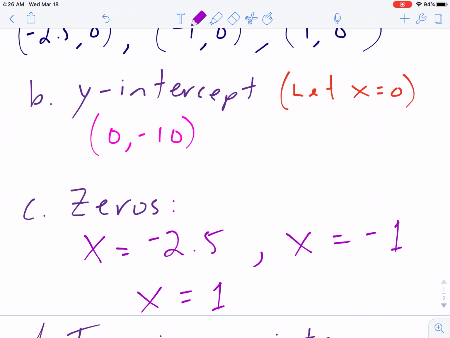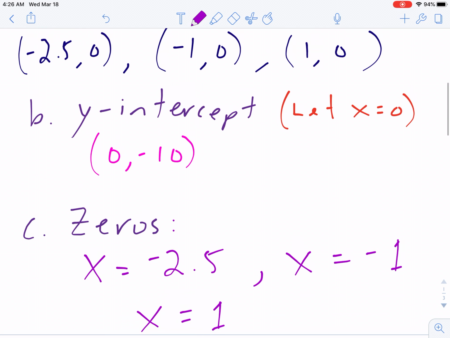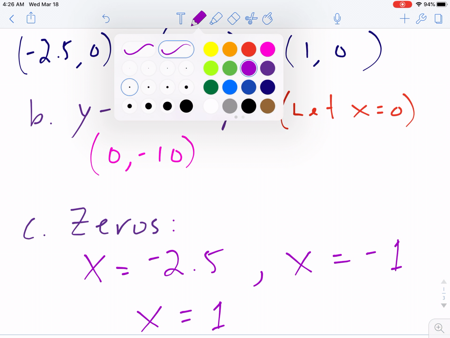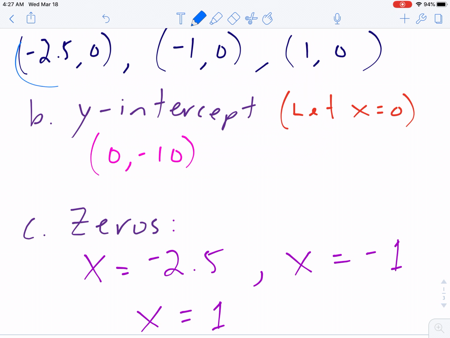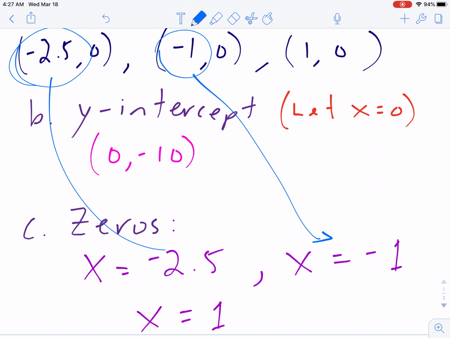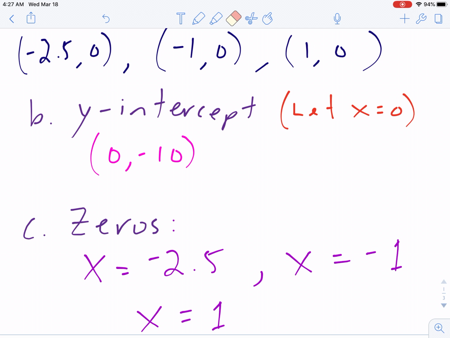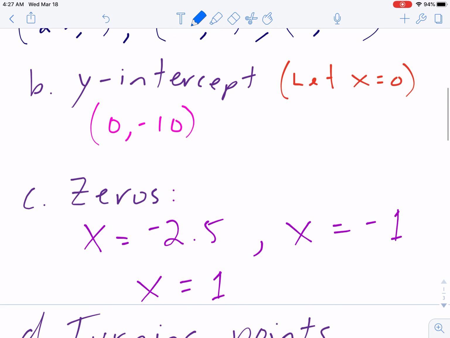So you have your answers from part C correspond directly from your answers from part A. So this was where that came from. This one from there, and this one from there. So if you've done part A, your answers to part C should just fall right into place.